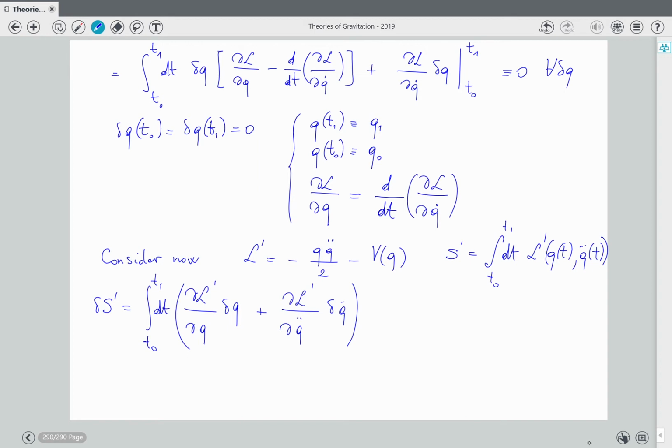So now you integrate once by parts. dt partial L prime partial q delta q minus d over dt partial L prime partial q dot dot delta q dot.